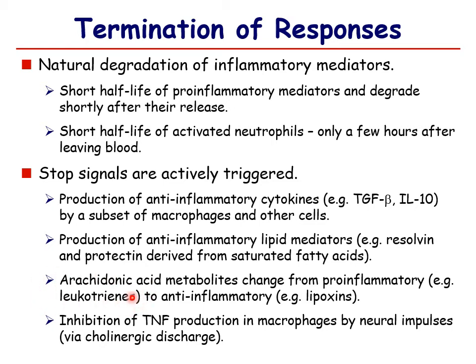However, in the phase of terminating the response, arachidonic acids are converted to anti-inflammatory metabolite such as lipoxins. Last but not least is inhibition of pro-inflammatory cytokine, TNF, production in macrophages by neural impulses. And these neural impulses are mediated by cholinergic discharge.